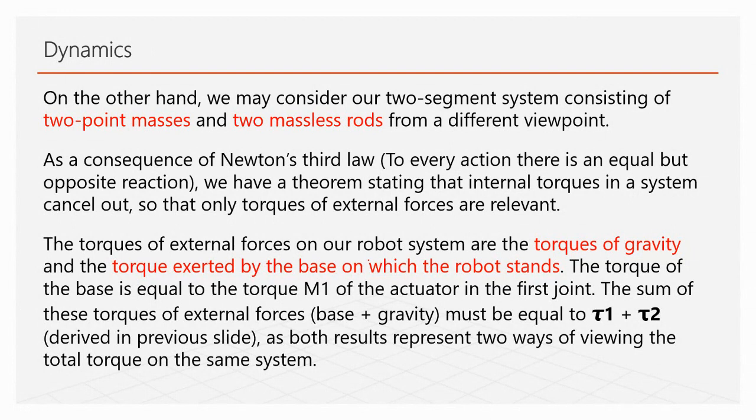The torques of the external force on our robot system are the torque of gravity, because of the mass of the objects, and the torque exerted on the base on which the robot stands, the one which is connected to ground, an independent center of movement. You don't move that, so the torque will be applied to the robot.